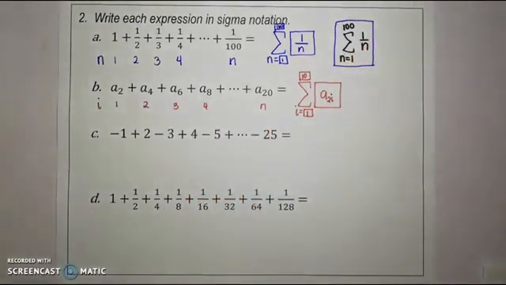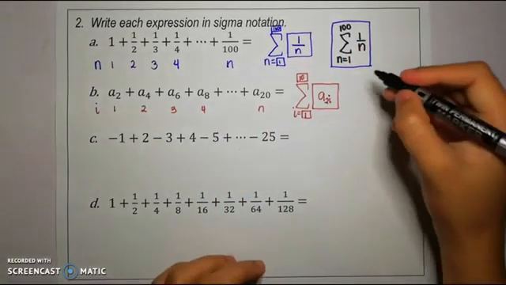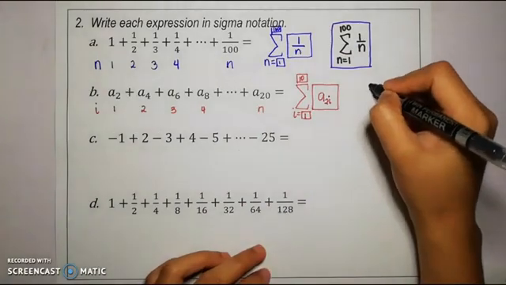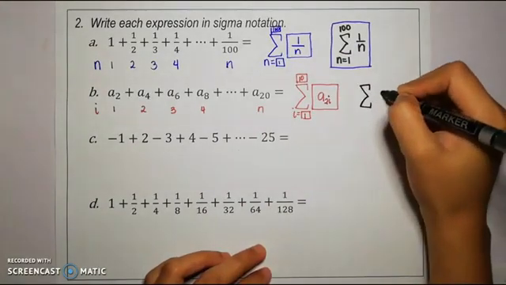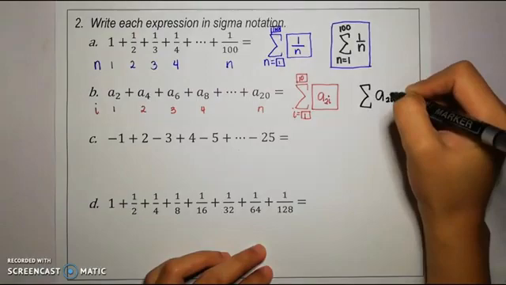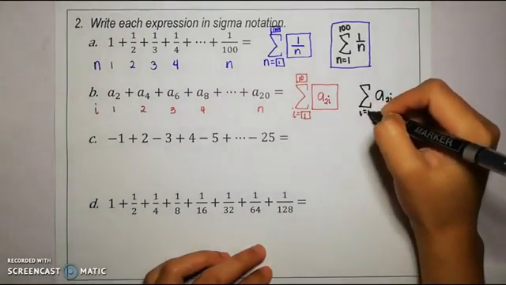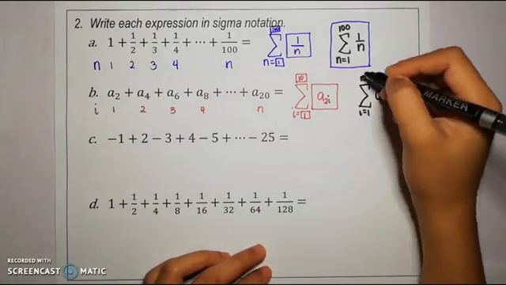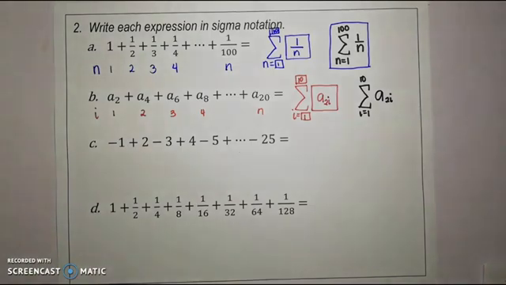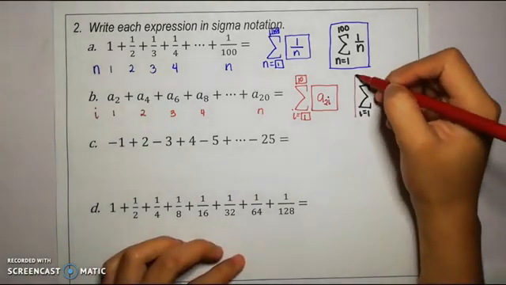So that's the final answer: the summation of a sub 2i from i equals 1 until 10.